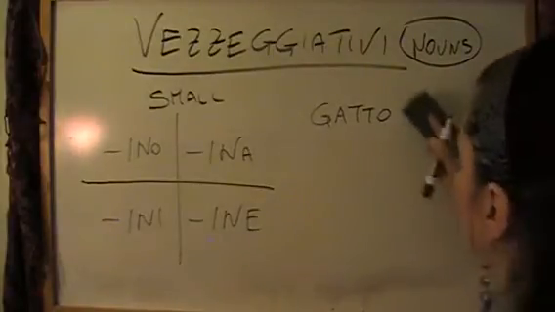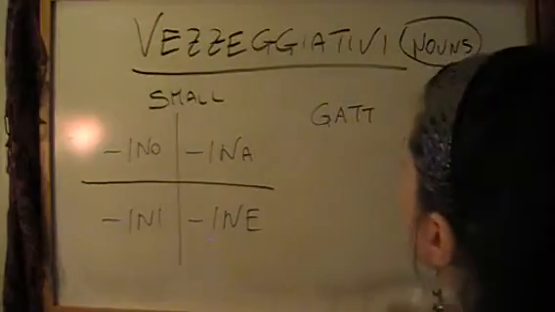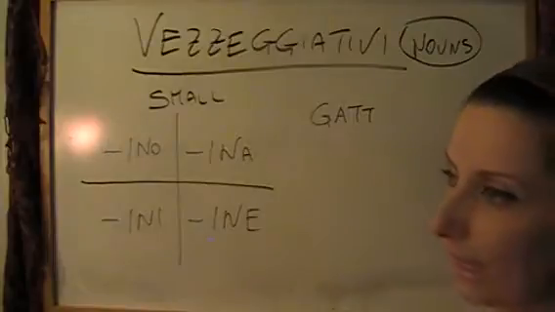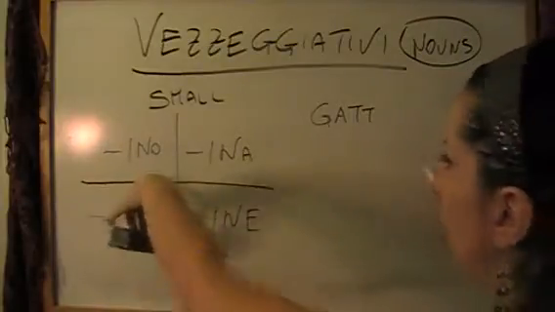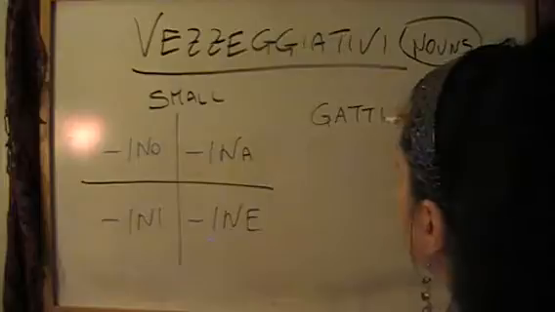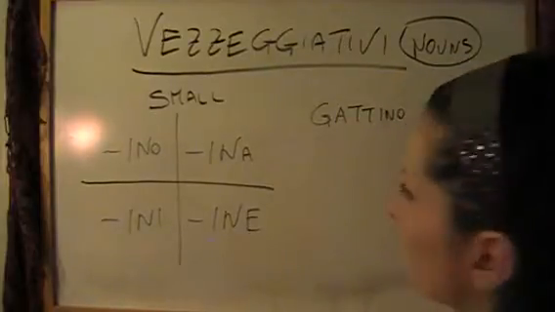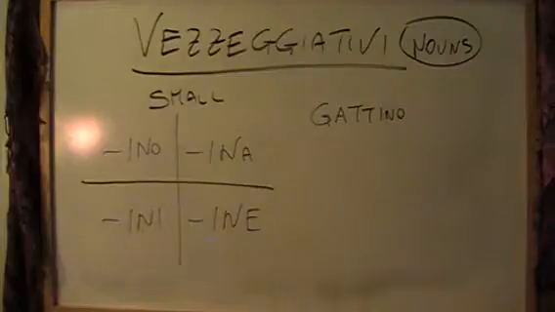Look, if it is masculine singular, I mean it is a male and it is only one, you delete the last letter O and you add ino, and you have gattino. Gattino means a small cat.